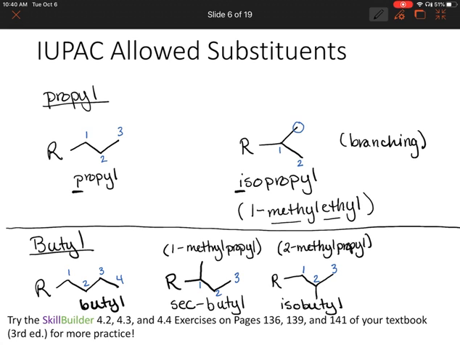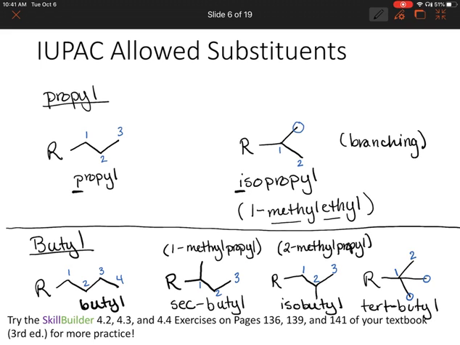And then the last option, what if we have a bunch of branching? So we have 4 total carbons, but they're all branched. So this would be referred to as tert-butyl. Or if we number the longest chain, we have 1 carbon, 2 carbons, and then we have 2 methyl groups coming off of the parent chain for that substituent.